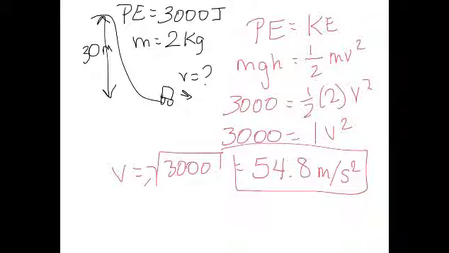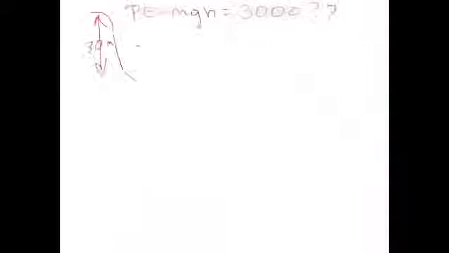So, will you really have a potential energy of 3,000 joules for a 30-meter hill? Is that correct or not? Let's look. 30-meter hill, we know the mass of our car was 2 kilograms. What should have been the potential energy on that hill?